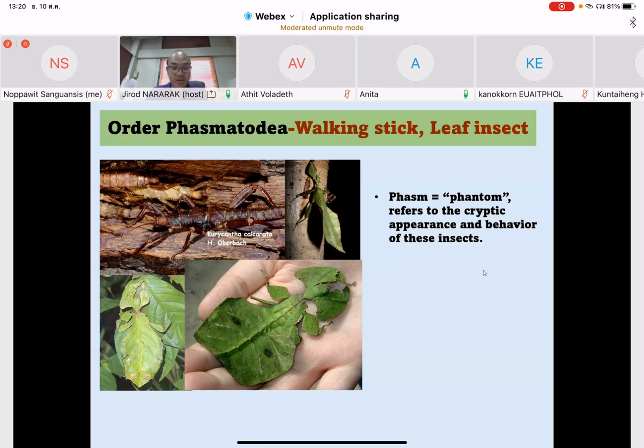Their body looks like a leaf, so they can protect themselves from the enemy. That behavior or evolution is called camouflage.